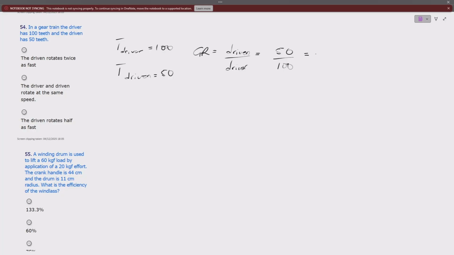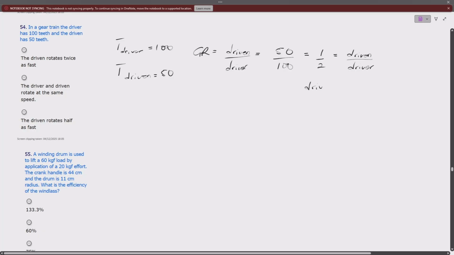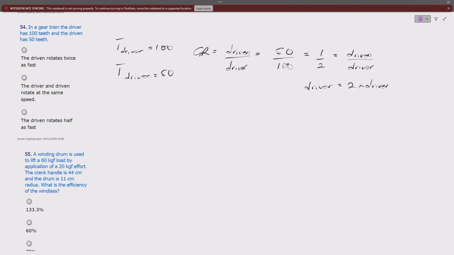You can cancel it out to be 1 over 2, which equals driven over driver. When you cross multiply, you're going to get driver equals 2 times driven. So the driven rotates twice as fast.